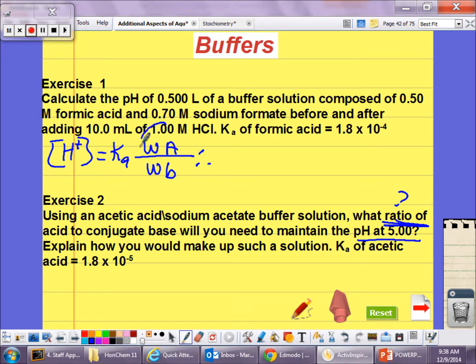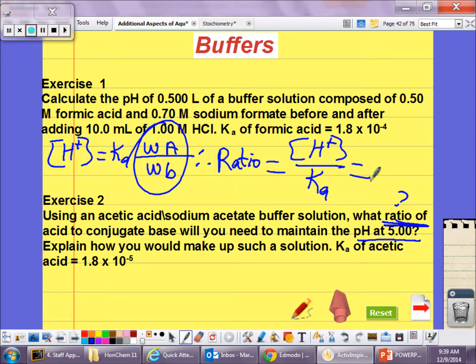They're asking me for the ratio. To make things easier, why don't I call it ratio or X? So that ratio equals H plus over Ka.